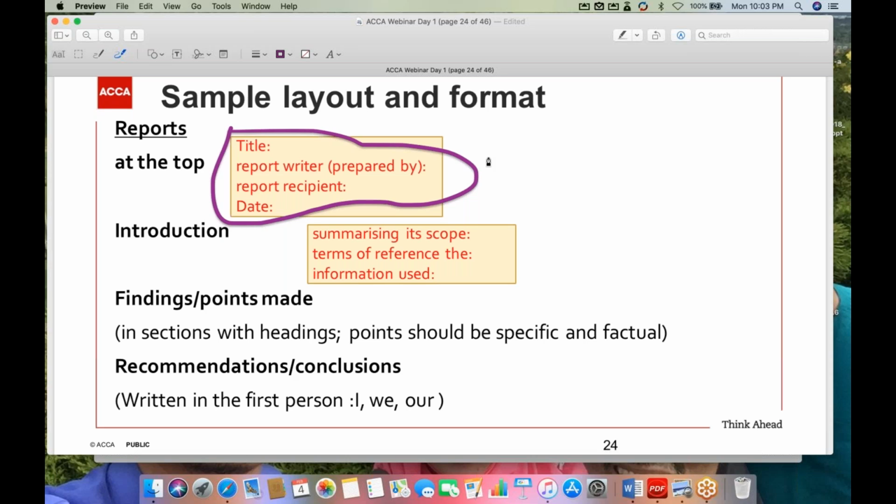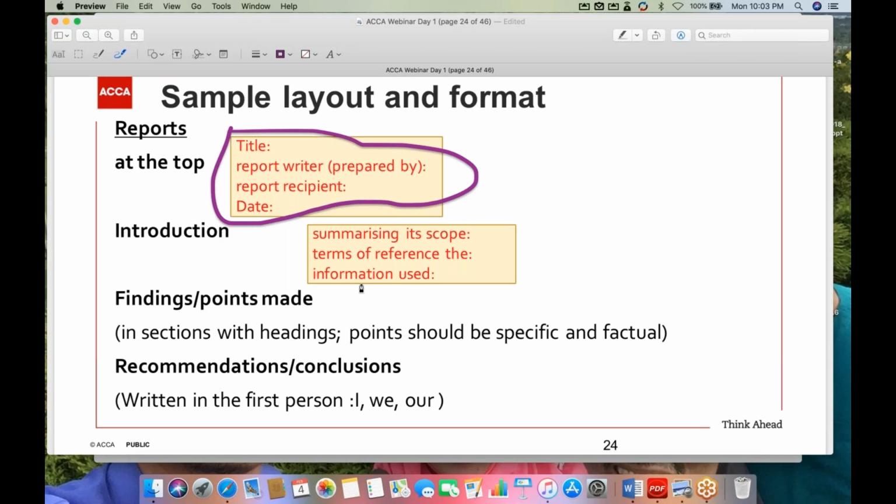If the question gives you the date to be used, then you use the date that's been given there, right? And if no date is found, you may want to put the date of the exam. All right.